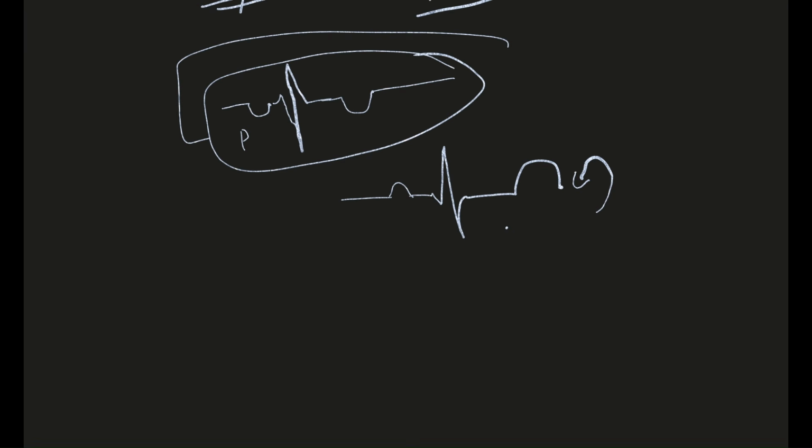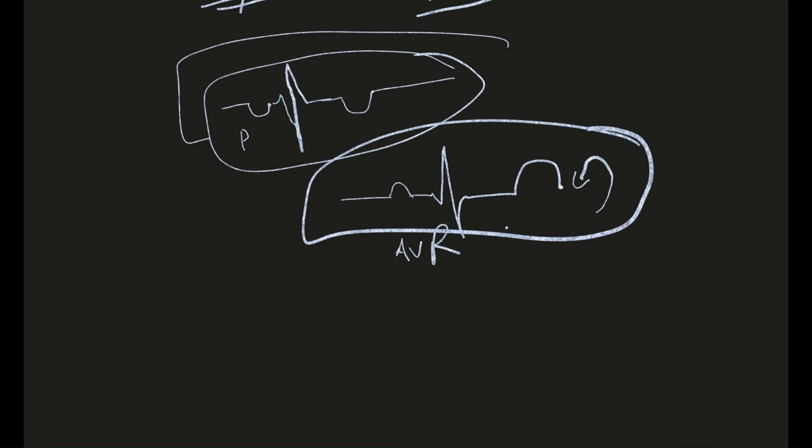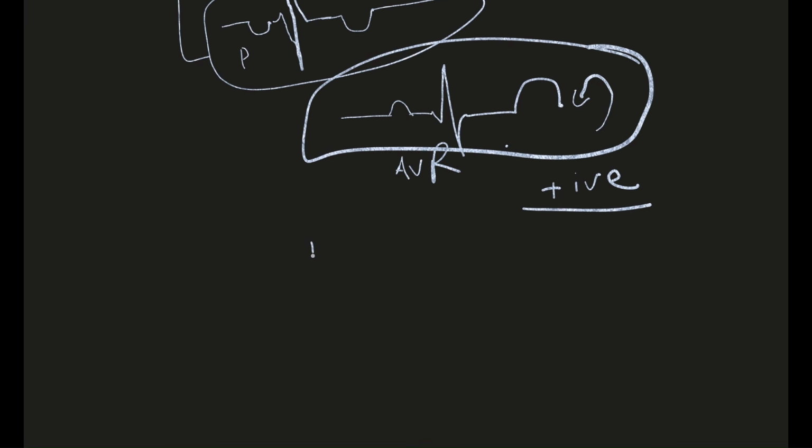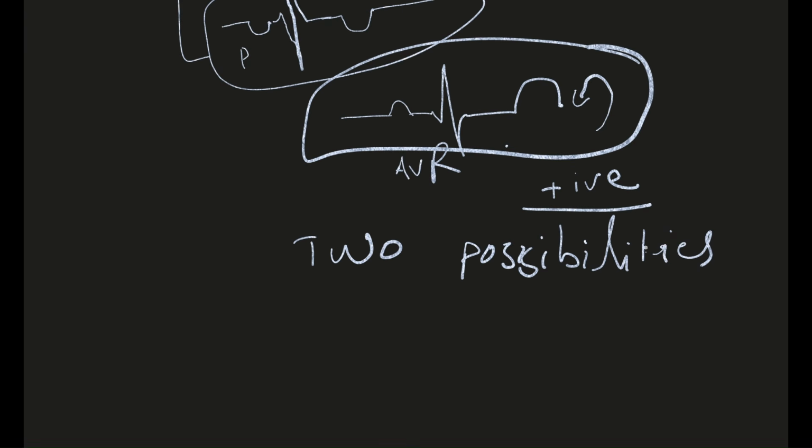But if somehow you find a positive wave pattern in AVR, then there could only be two possibilities. And these possibilities are very important, as they will tell the other person that you really know about the ECG.